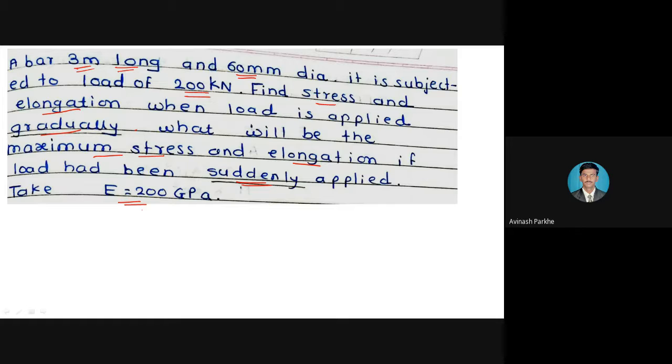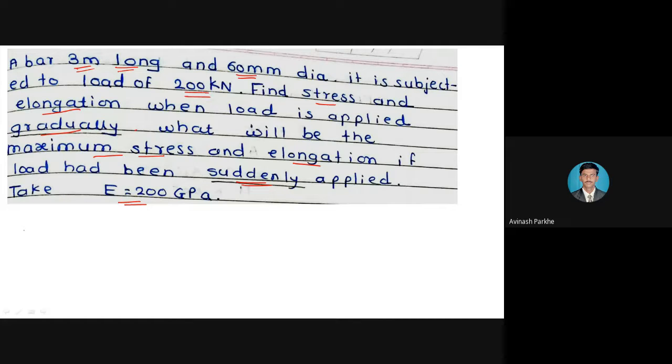Now solve the problem and check: stress due to suddenly applied load is twice the stress due to gradually applied load. Elongation due to suddenly applied load is also twice the elongation due to gradually applied load. In the sudden condition, whatever answer you get is 2 times the answer for the gradually applied load.